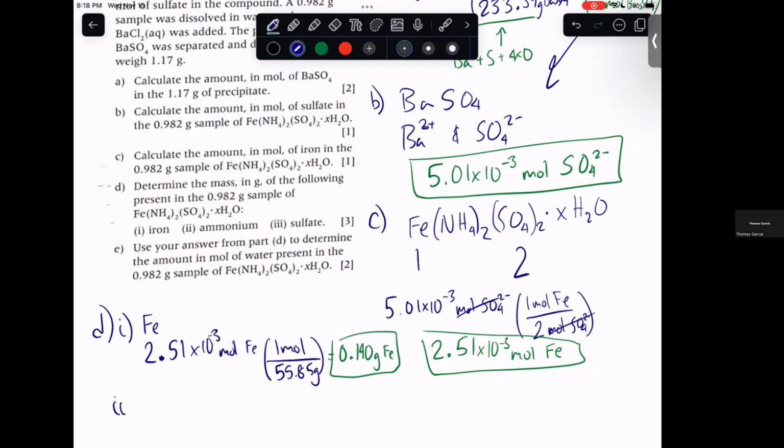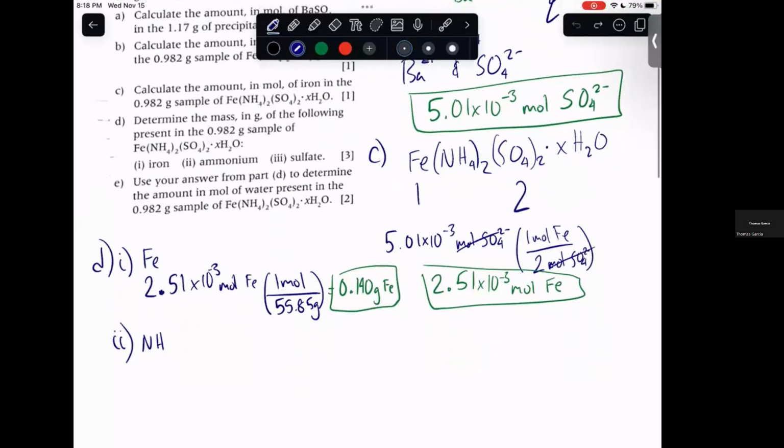For 2, we're looking at ammonium. You may notice that in our sample for 2 sulfates, we have 2 ammonium. It's a 1-to-1 ratio between those two. So we can actually keep our sulfate, 5.01 times 10 to the negative third, the same mole. And we just have to do the math. Again, it's 1 mole. Oh, I should rewrite this. And I should write the one above, correct it, because they need to be flipped.